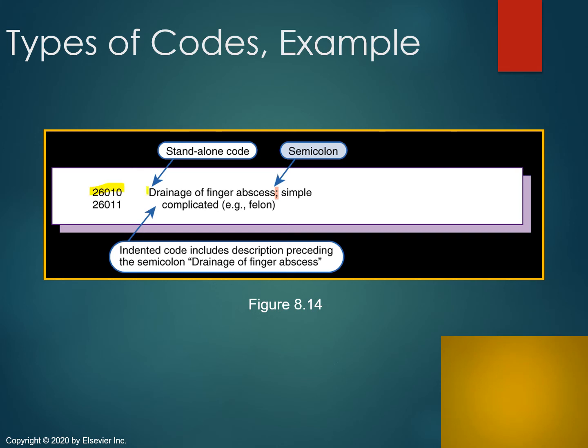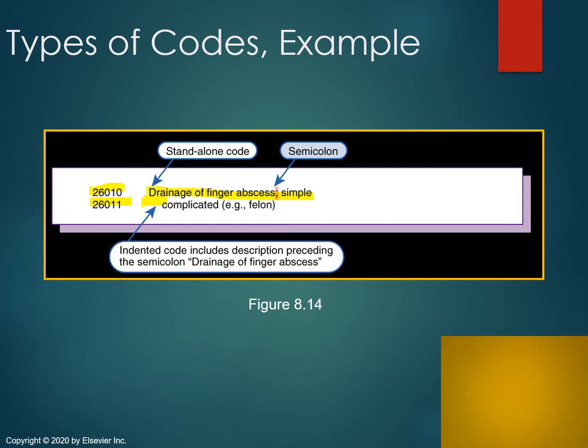So here, full description: drainage of finger abscess simple. So in other words, this is a simple drainage of a finger abscess. But if it was a complicated one, then you use the code 26011. It's all the same description. And you can see where it's indented right over here. And the only thing that has changed is the word complicated.